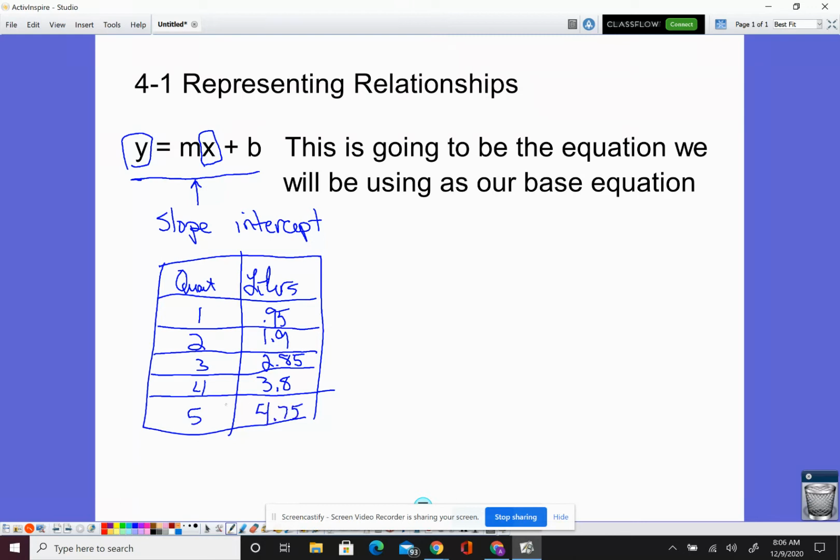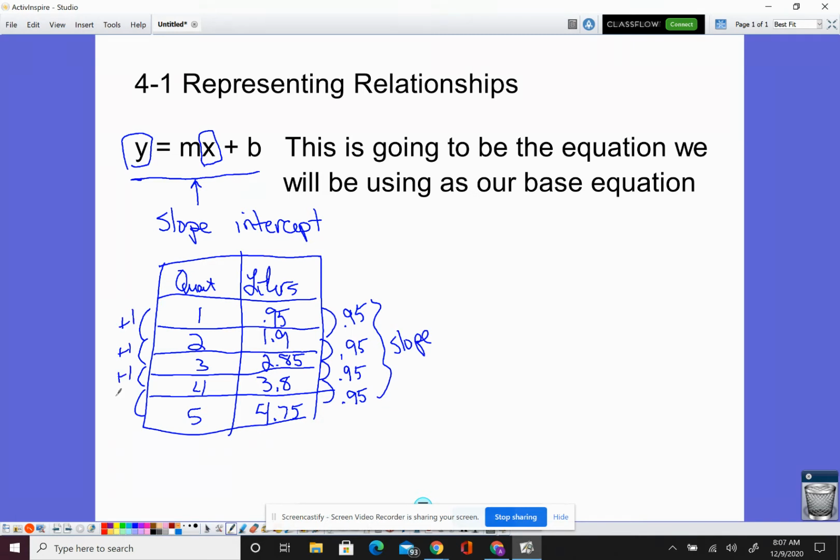Okay, so if we look at this chart, we can see that each time our x's are going up by 1, our y's are going up by 0.95. That change right there is going to be our slope. And we can get our slope right from there because these are only going up by 1.